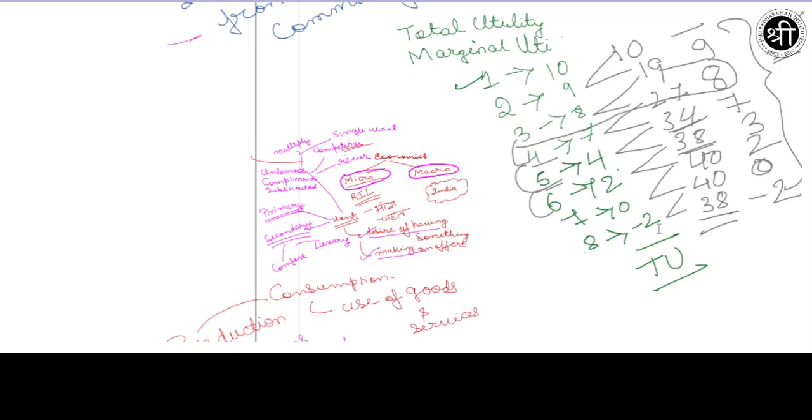One is the total utility, meaning after consuming 4 to 5 rasagullas, how much total satisfaction you got. And marginal utility is, for every extra piece, how much extra satisfaction you got. Hope you have understood what is total and what is marginal.